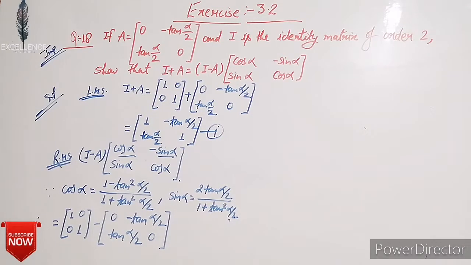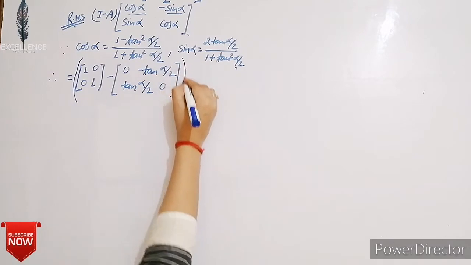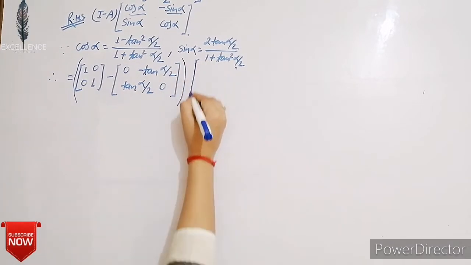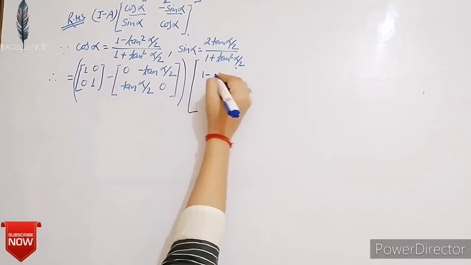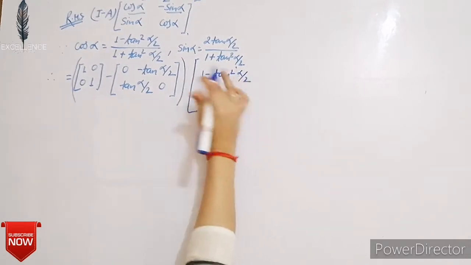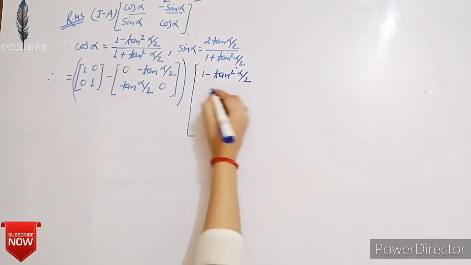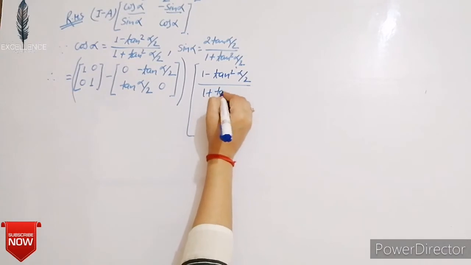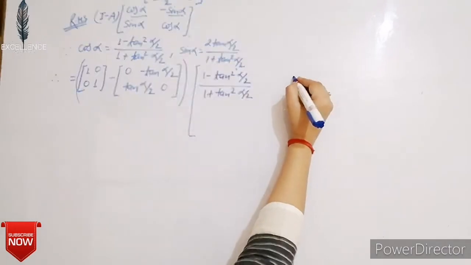And now put the values of cos alpha and sin alpha in terms of tan alpha by 2. So first element, in place of cos alpha we can write 1 minus tan square alpha by 2 upon 1 plus tan square alpha by 2. The 1, 2 element is minus sin alpha.